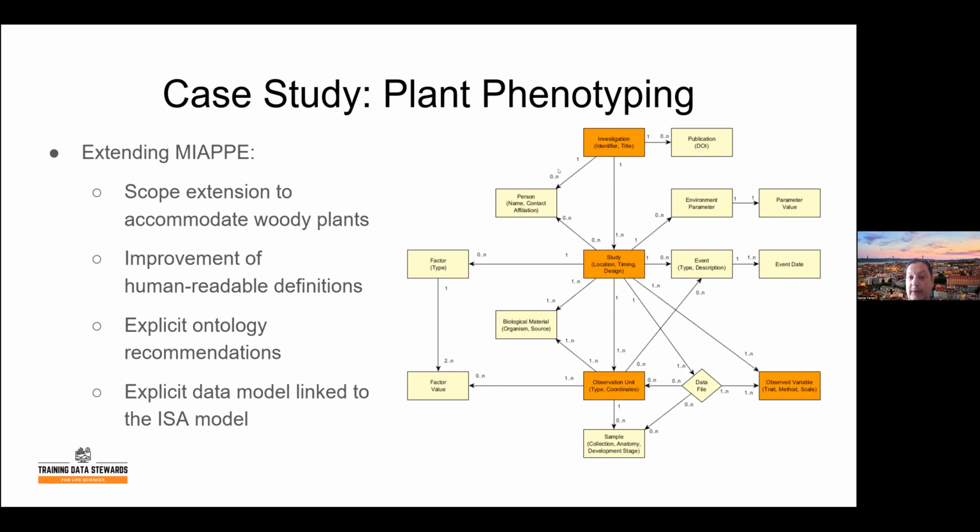So in my work in ELIXIR, and it was the work of, I think, about 5 years, we went through the extension and development of this standard into something that is machine readable and usable, and I think perhaps one of the best examples of a metadata standard currently in the biomedical domain.